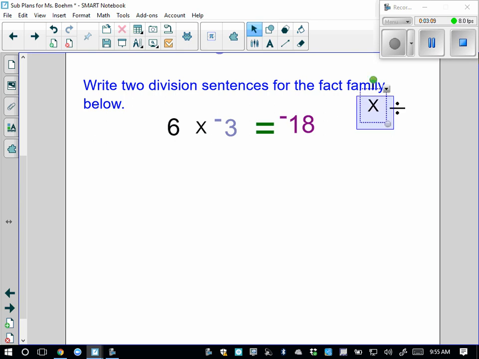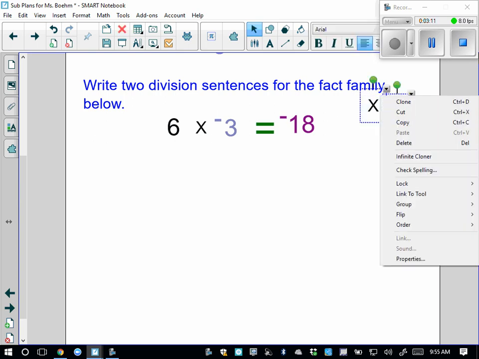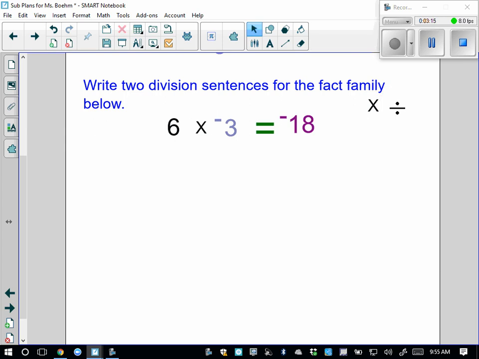On the right side of the equals, I need to have each number appear once. That's what makes it a fact family. So I need to have a -3, and I need to have a +6. I've got to have each of those. That's the requirement of a fact family.